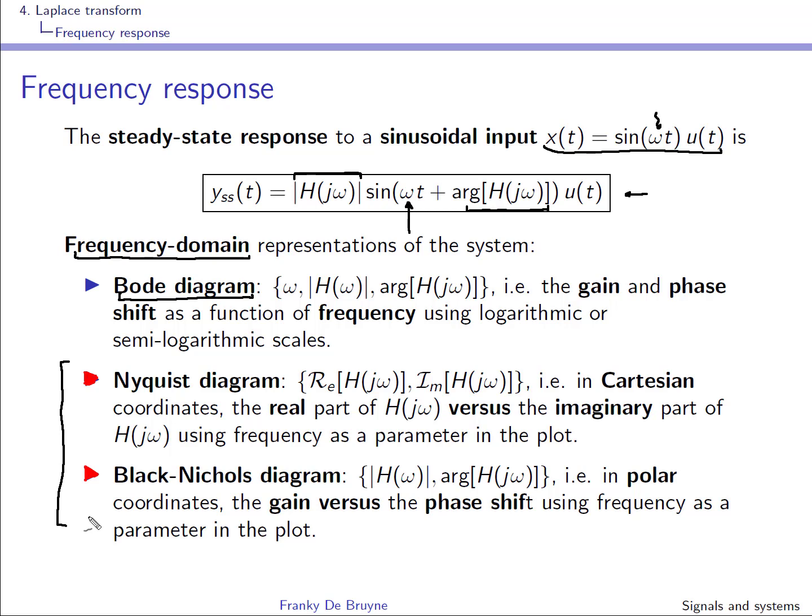Okay, so in a Bode diagram, what you do is represent the gain and phase as a function of frequency omega using logarithmic or semi-logarithmic scales. And in a Bode diagram, you actually have two diagrams. You have the amplification, the gain as a function of omega, and you also have the phase shift as a function of omega. So we'll come back to that later, and we'll consider the Bode diagram of a first order system.